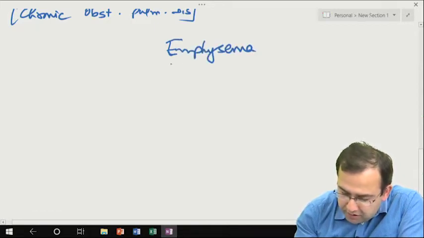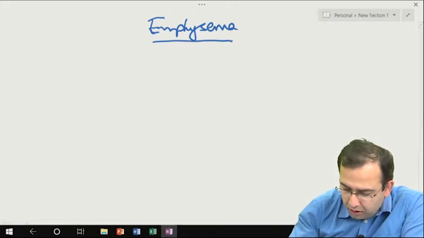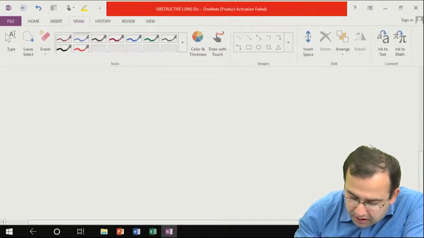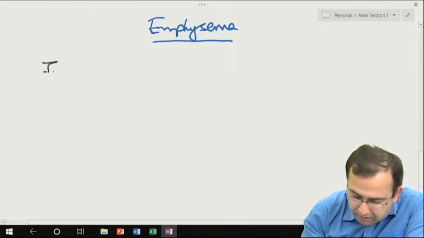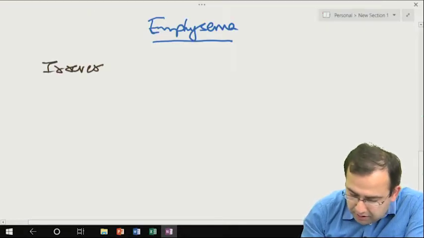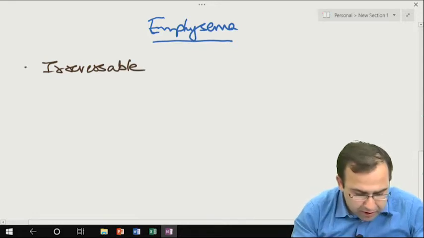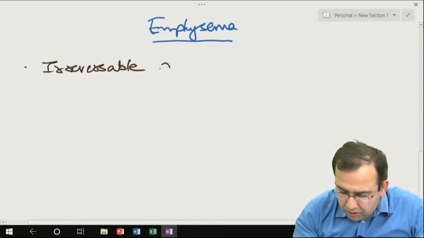Emphysema. First point, reversible or irreversible. Emphysema is irreversible dilatation distal to terminal bronchiole.